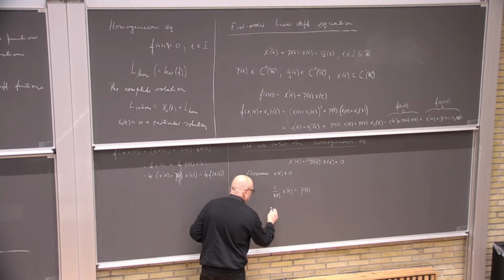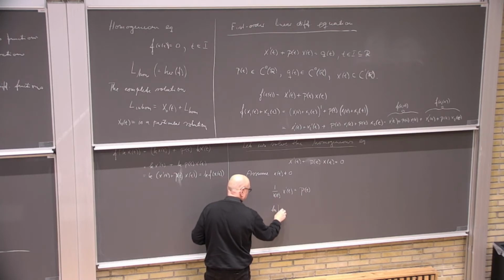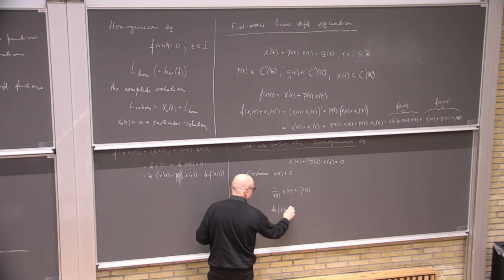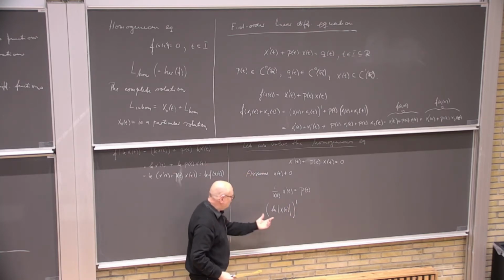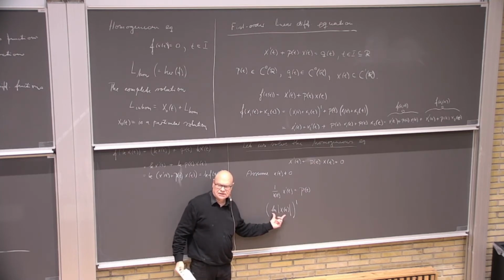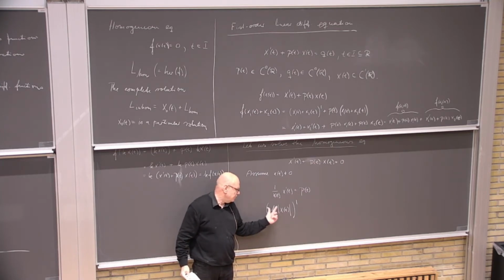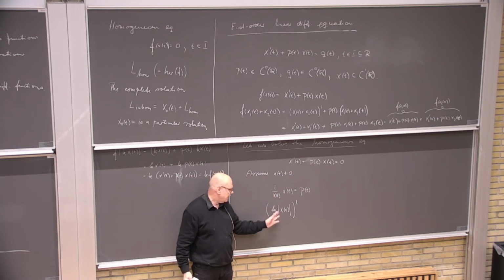It will be apparent if I write it in this way here. I take ln of the numerical value of x of t and take the derivative of this one, because when I take the derivative of this, then the derivative of, say, the outer function ln of the numerical value of x is 1 divided by x, but then x is a function of t, so I have to multiply by the inner derivative, which is x prime.